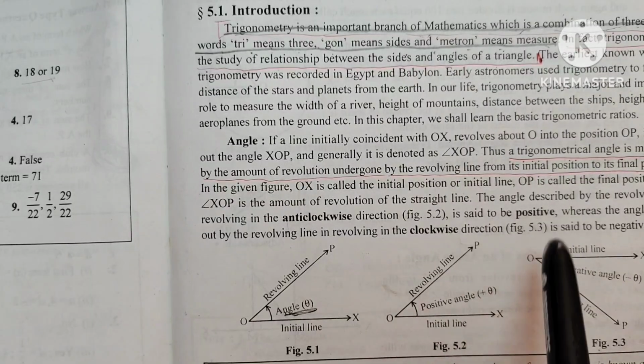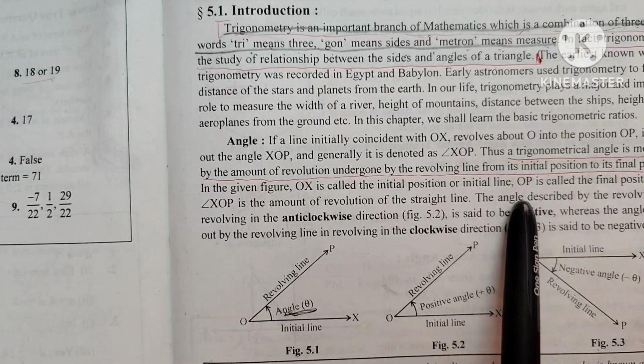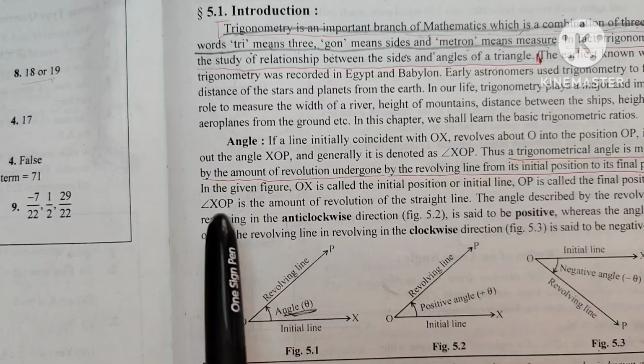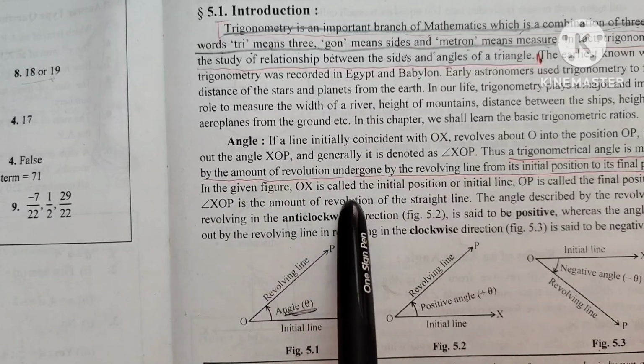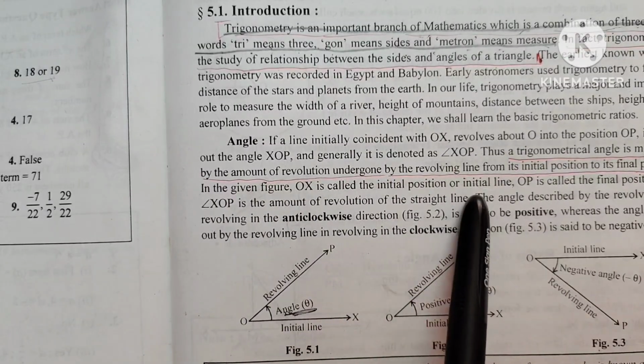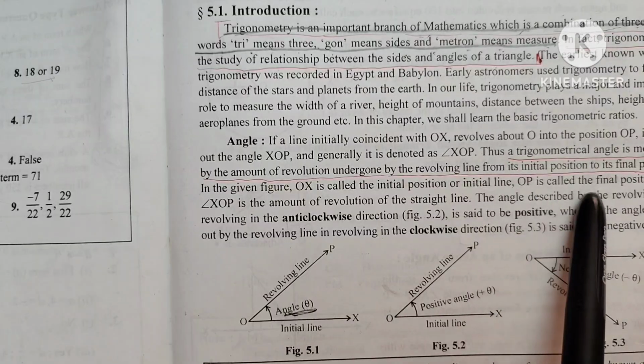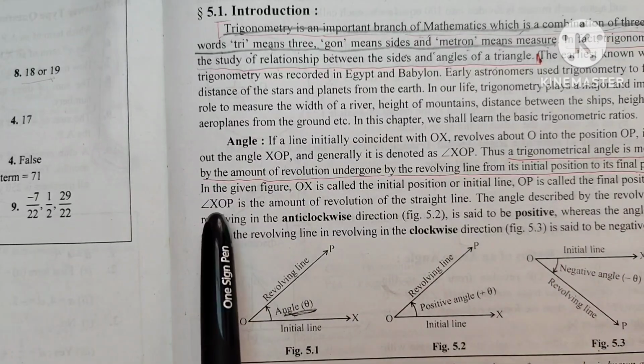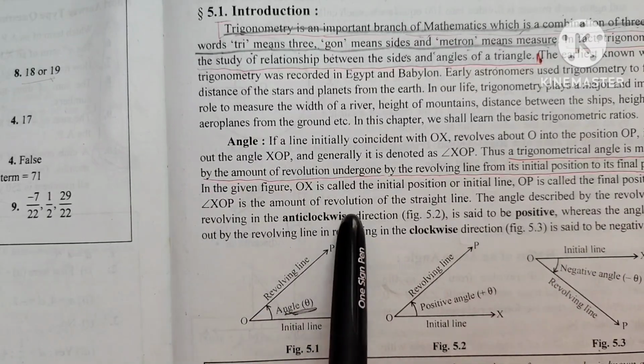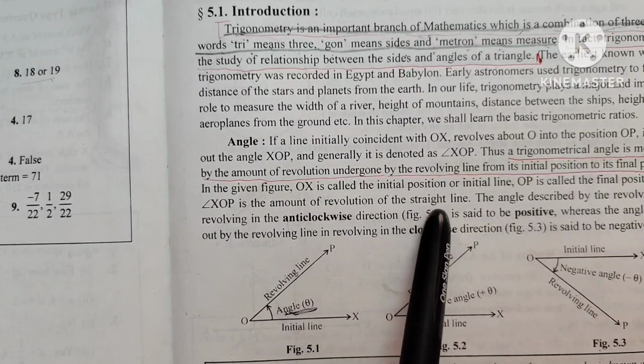And here it is very clearly written also, you can see in the given figures, OX is called the initial position or initial line, OP is called the final position, and angle XOP is the amount of revolution of the straight line.